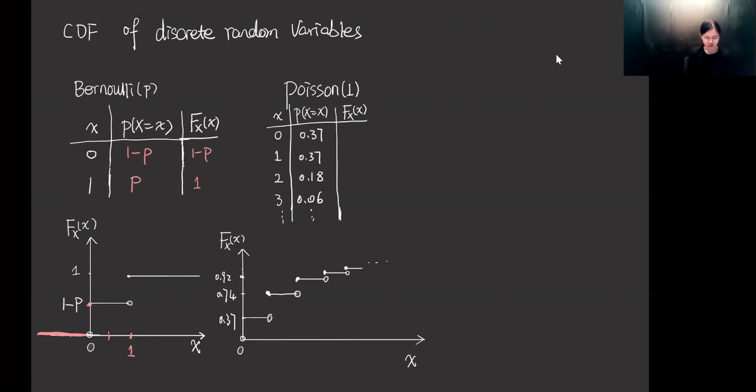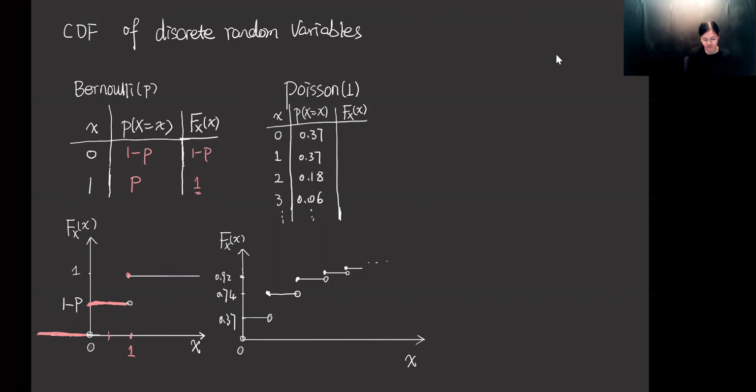Therefore, this CDF stays flat on this interval until you arrive at the point 1, the other support point of the random variable. When you arrive at the point 1, the CDF function jumps to the value of the CDF function at that point, which is 1.